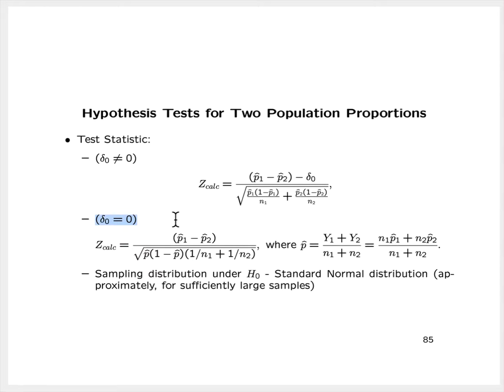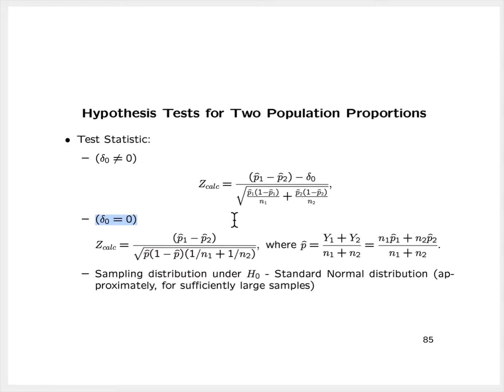And so in that case, we would take the sample proportions and average them. We would pool them together to get an even better estimate of the presumed common population proportion. And so this is what we would have for the test statistic.